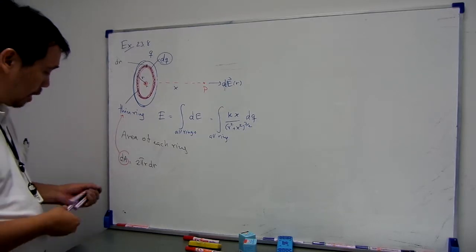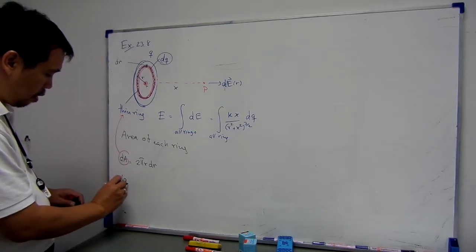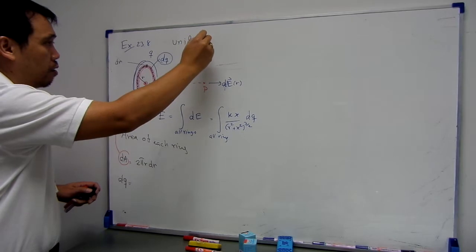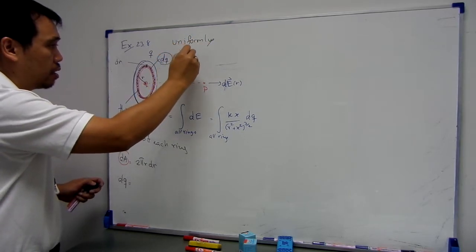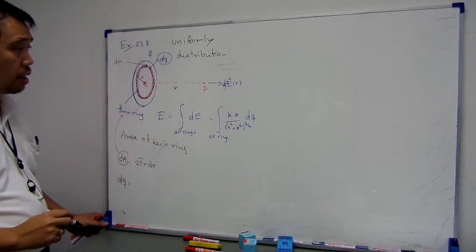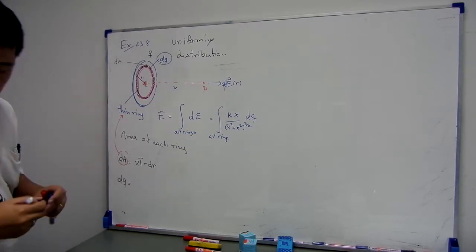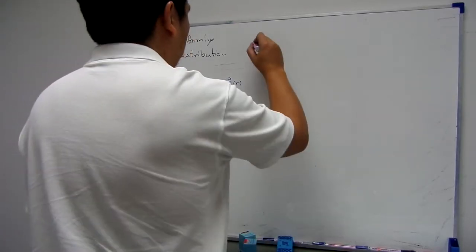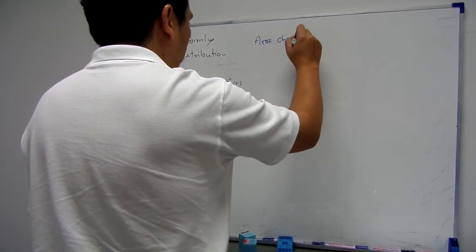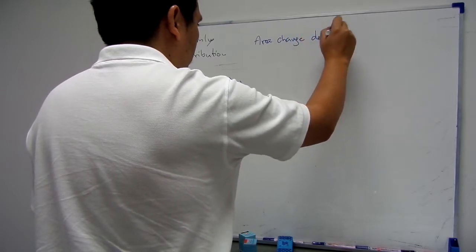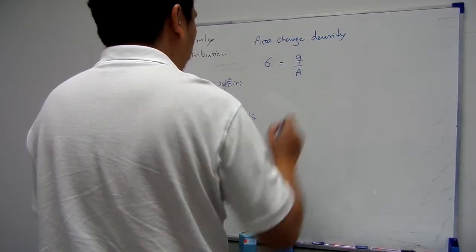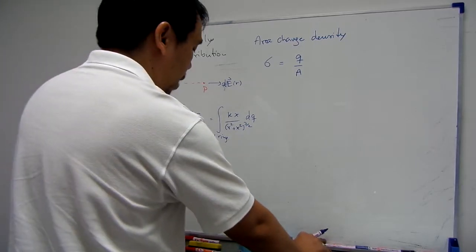Now, what is the value of dQ? In this problem, we assume a uniform distribution of the charge on the disk. So we can define the area charge density sigma equal to Q over A, where A is the area of the disk.